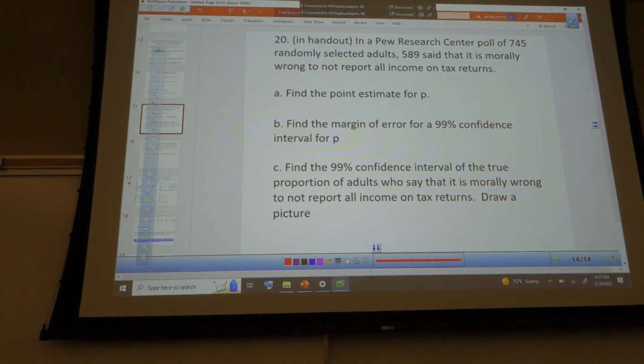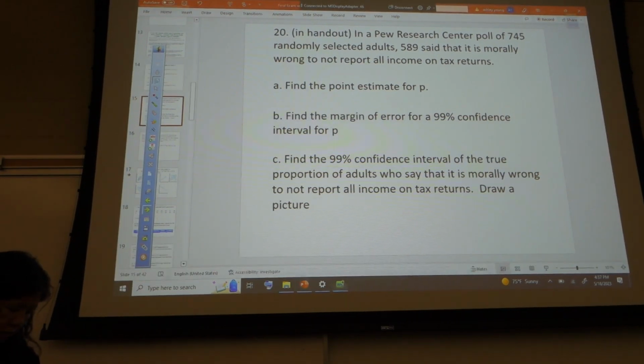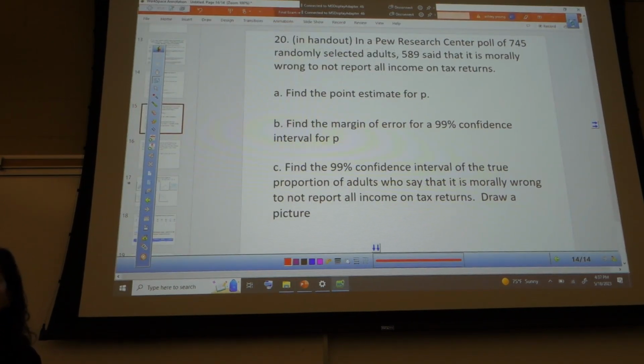Okay, so we said this was what kind of problem again? Proportion and a confidence interval. So, but it's a proportion. My calculator function should start with what? One prop Z. And if it's a confidence interval, it should end in what? Interval. Right, so you need to find something that starts with one proportion and ends in interval, or int.